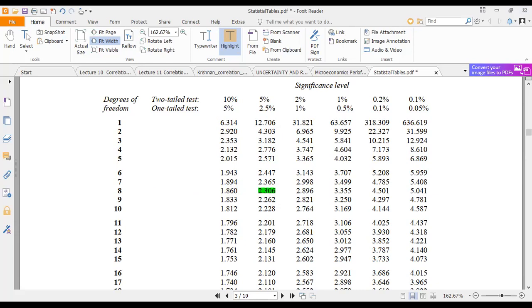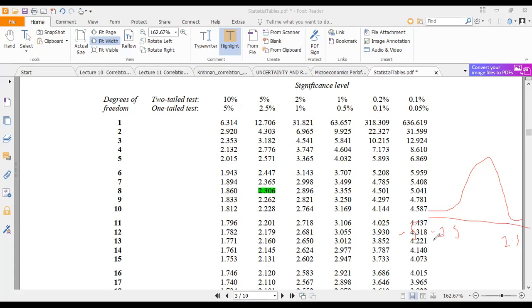So this is what you have. This side will be 2.306. This side will be negative 2.306. But the t statistic was minus 5 point something. So you see that minus 5 is less than minus 2.306. So what do we do?